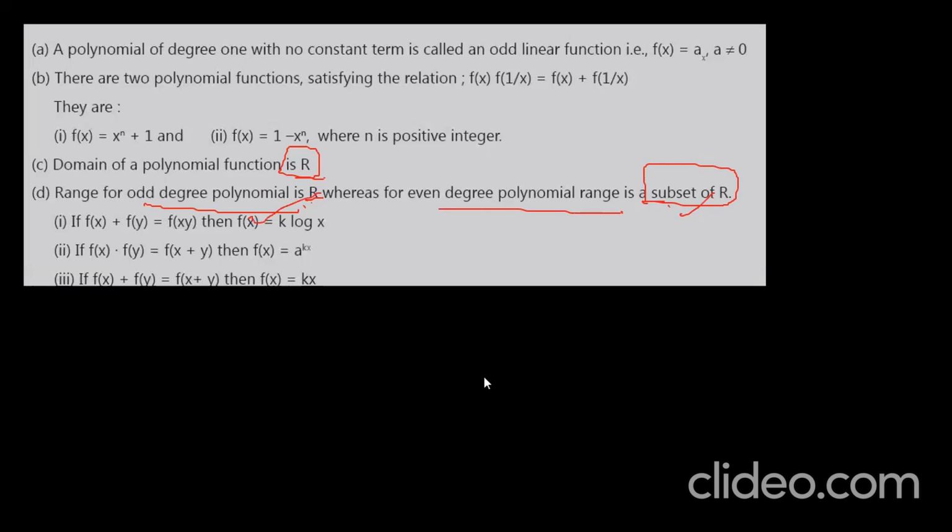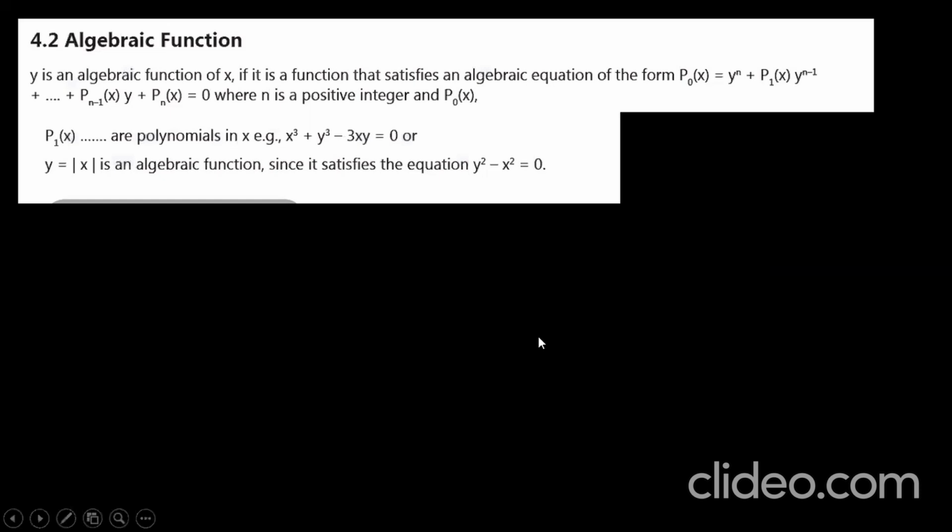Next, algebraic function. What is an algebraic function? Let us observe. y is an algebraic function of x if it is a function that satisfies an algebraic equation. That is, p naught of x times y power n plus p1 of x times y power n minus 1, and so on, plus pn minus 1 of x times y plus pn of x is equal to 0.